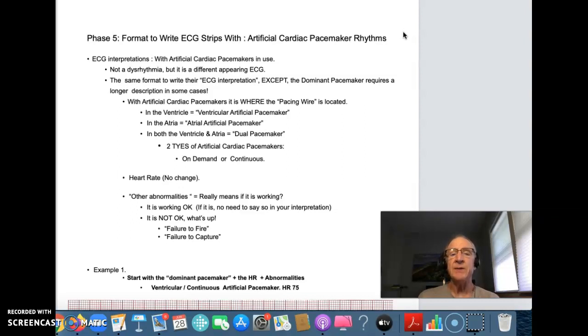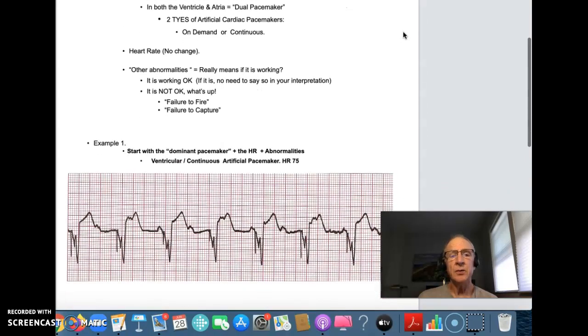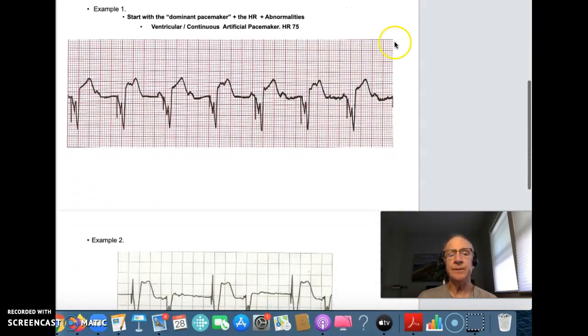However, if the pacemaker is not working, it's usually because it fails to fire or it fails to capture. If either one is true, then you put that down into your interpretation. So we'll give you some examples.